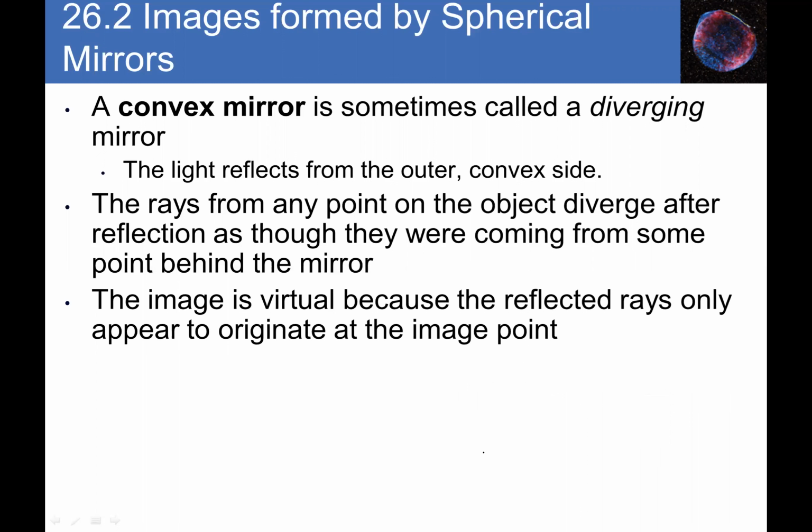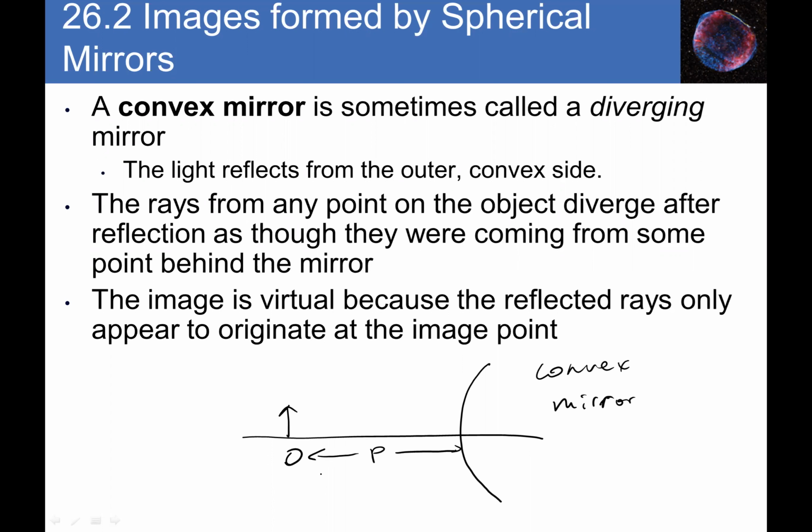So the image that's going to be generated, for example, this is the principal axis. This is your convex mirror. Let's say I have an object there. It doesn't matter where the object is. Let's say it has a distance p from the mirror. Remember now, because of the shape, point C and F are on this side.